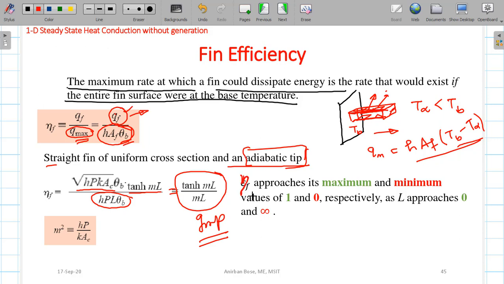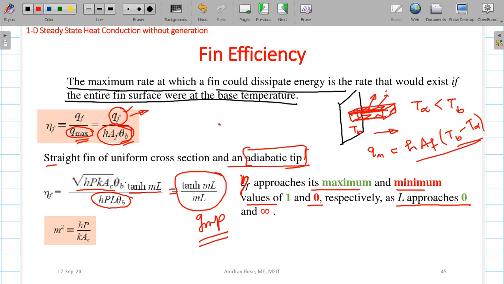Eta means the efficiency of the fin, and it approaches its maximum and minimum values of 1 and 0. When L approaches 0, meaning the length of the fin tends to 0, the temperature stays at TB, so the efficiency is going to be 1.